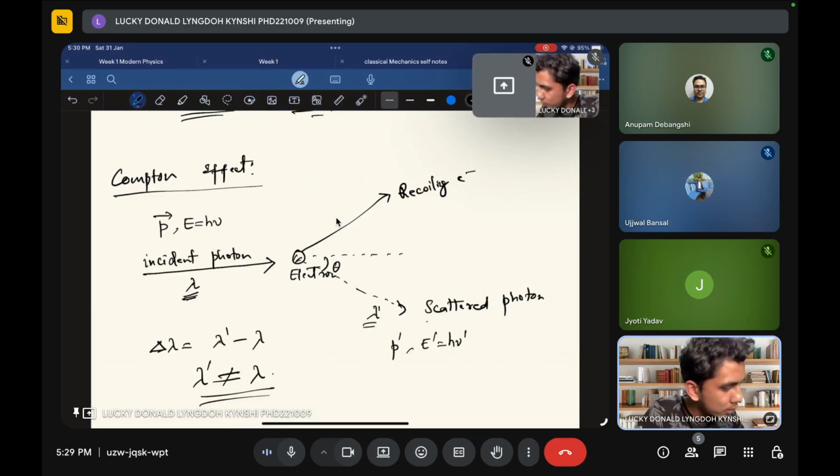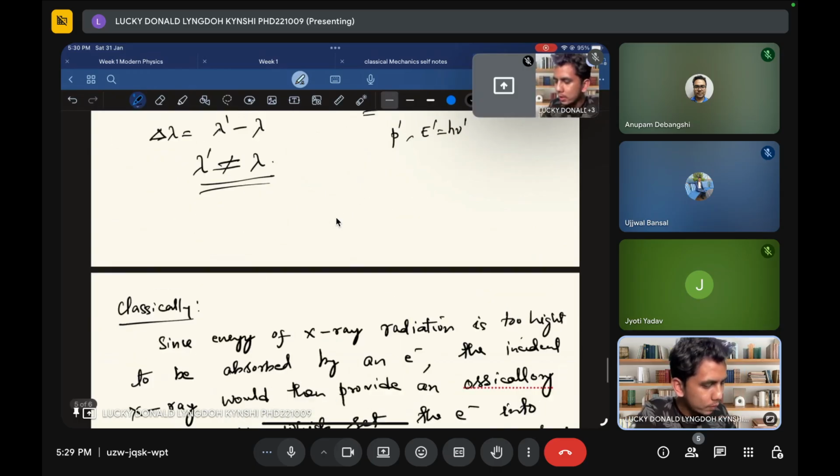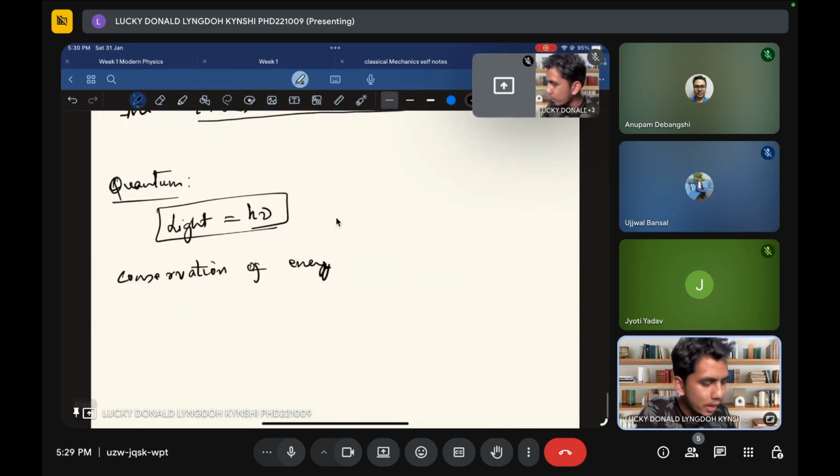The recoiling electron will have an energy and a momentum. So the total initial momentum, P of the incident photon, is equal to the momentum of the recoil electron plus the scattered photon's momentum P prime.